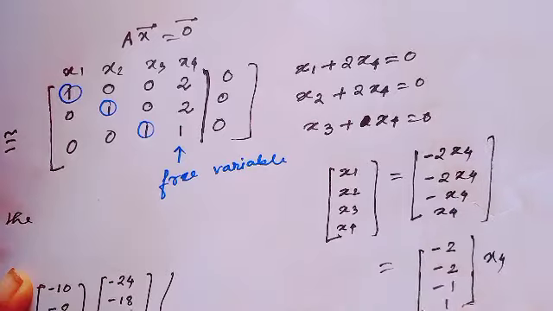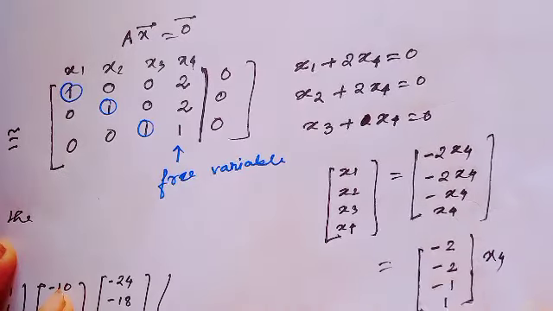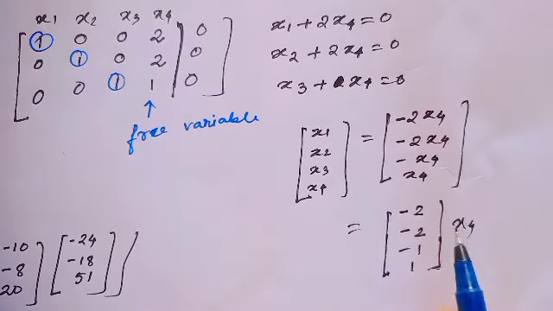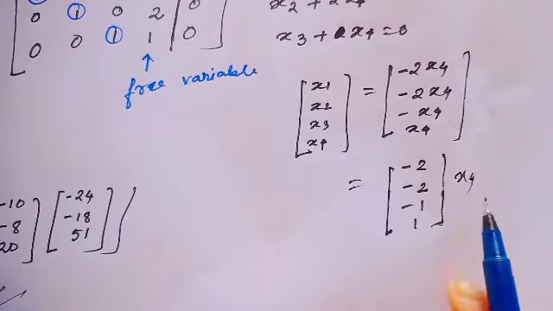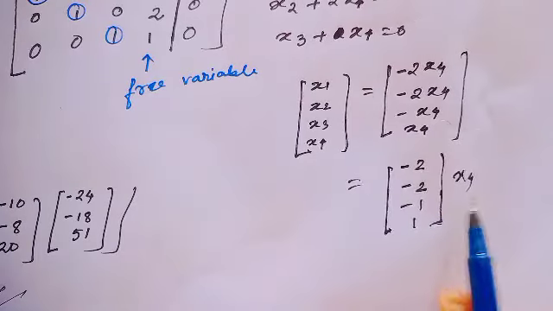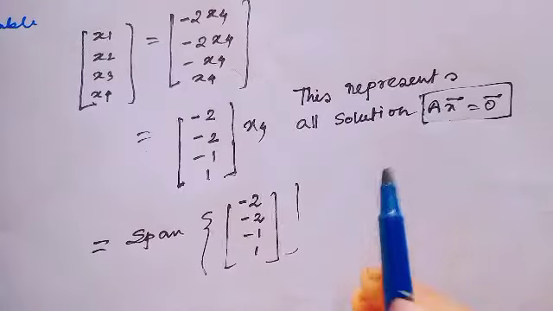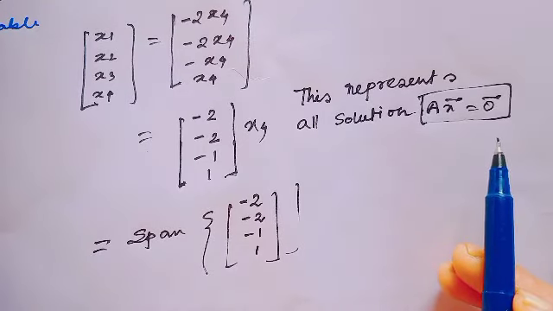Then this would be minus 2x4, minus 2x4, minus x4, x4. And therefore, the null space is actually generated by this vector x4 times minus 2, minus 2, minus 1, 1. This represents all solutions of Ax equal to 0 vector.